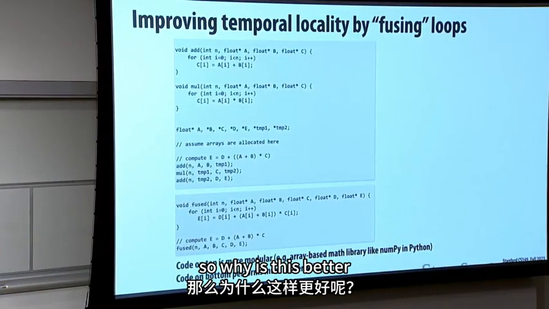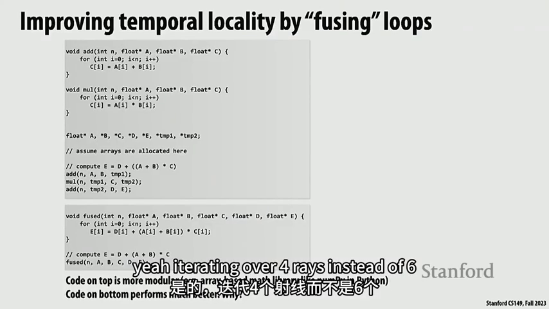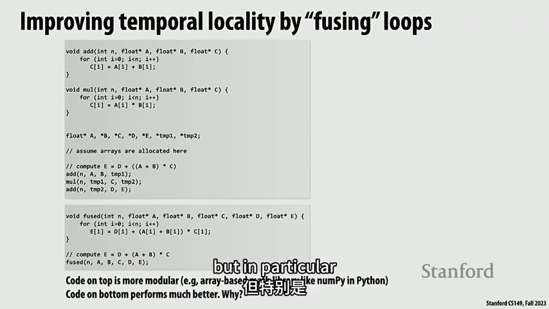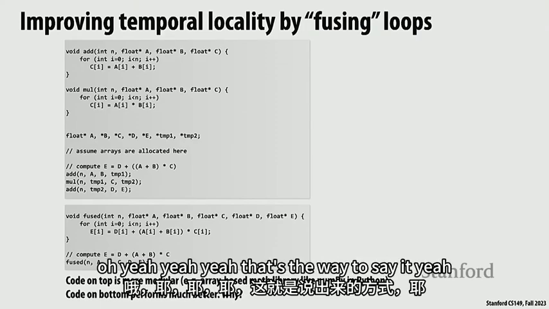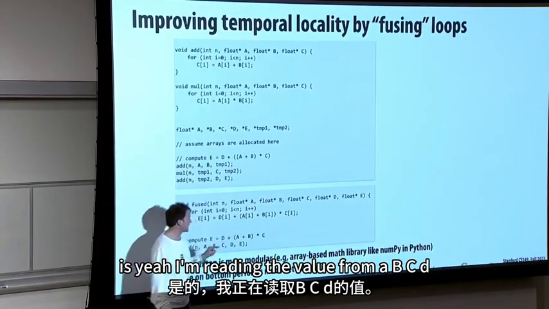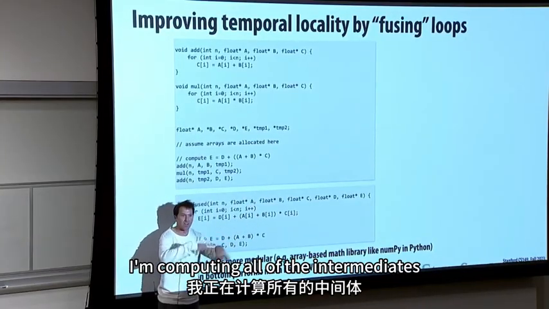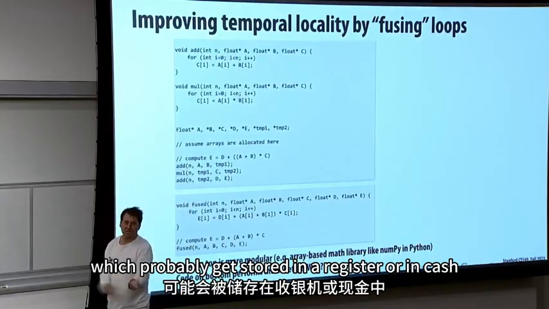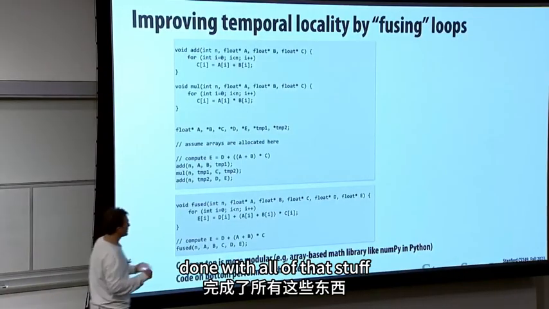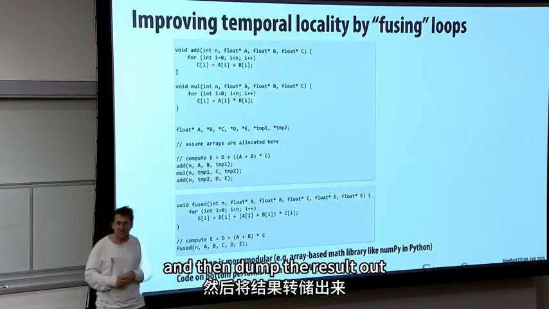So why is this better? I'm iterating over 4 arrays instead of 6. In particular, I'm reading the value from A, B, C, D. I'm computing all of the intermediates, which probably get stored in a register or in cache. Then I get all the way done with all of that and dump the result out.